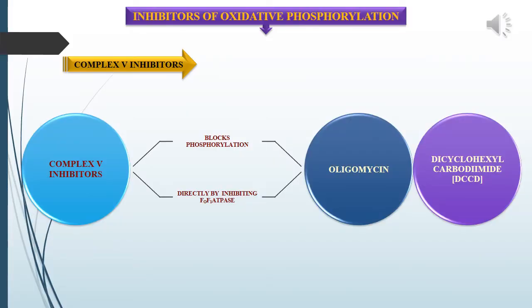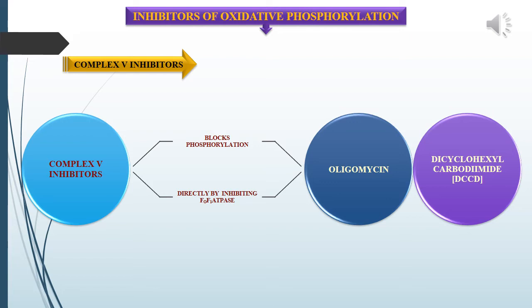Let's move on to inhibitors of oxidative phosphorylation. They are complex 5 inhibitors. The role of complex 5 is to synthesize ATP directly by means of the enzyme F0F1 ATPase, that is ATP synthase. This is blocked by complex 5 inhibitors, so the phosphorylation process of synthesizing ATP is directly blocked.